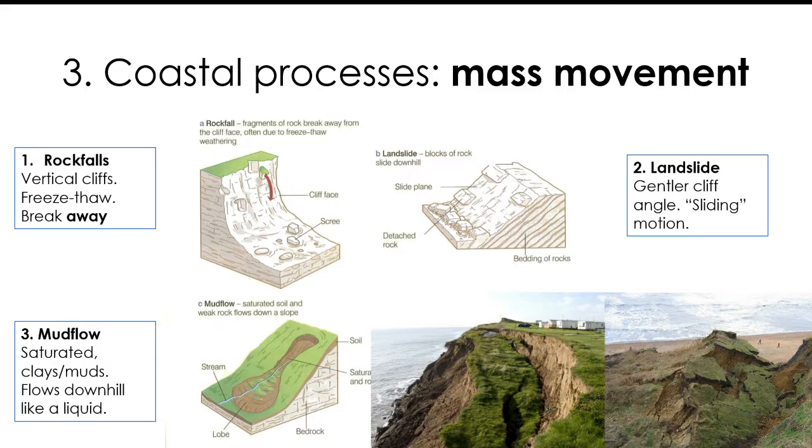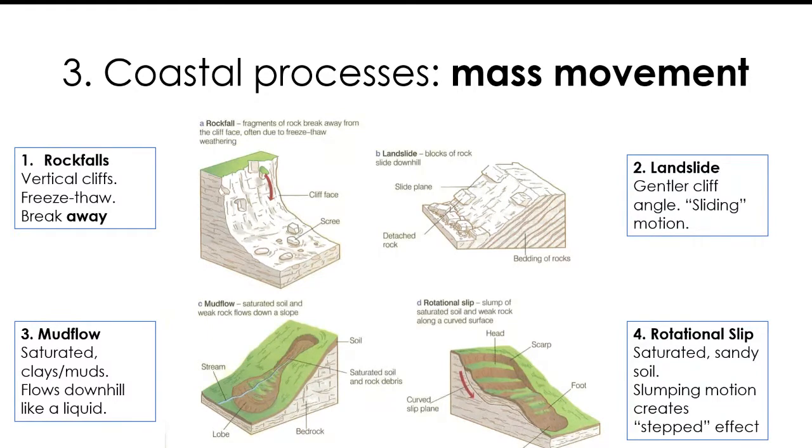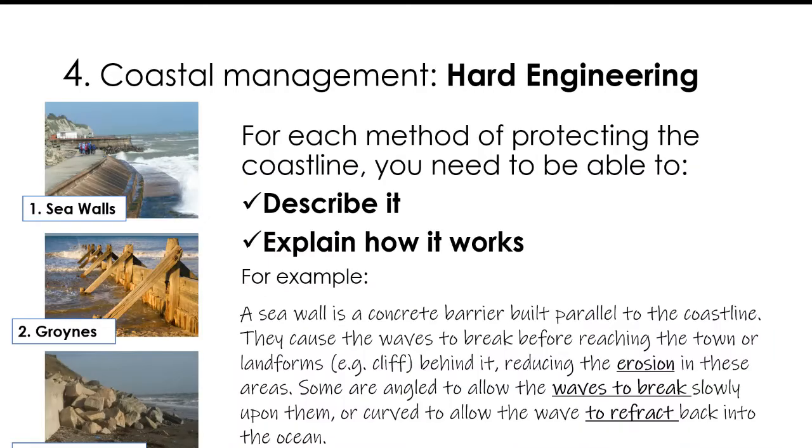And that can happen when you've got quite sandy geology, so your rock type is quite sandy, and you'll end up with these almost detached different levels on the cliff. So if I show you that in a diagram form, you're going to be looking at something that looks a little bit like that. So note how curved that movement is, and also how you end up with those different levels of the cliff top itself.